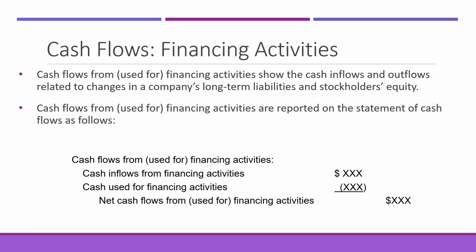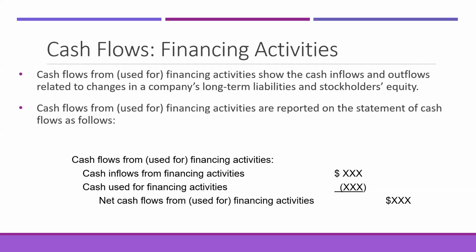Financing activities are inflows and outflows for long-term liabilities and stockholders' equity, and they're reported as follows on the statement of cash flows. We have cash inflows from financing activities and cash used for financing activities.